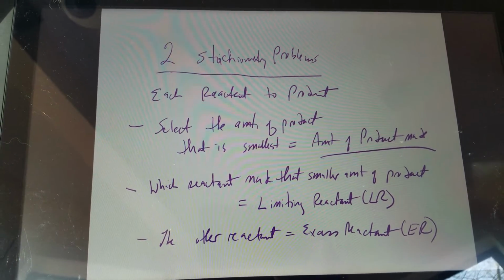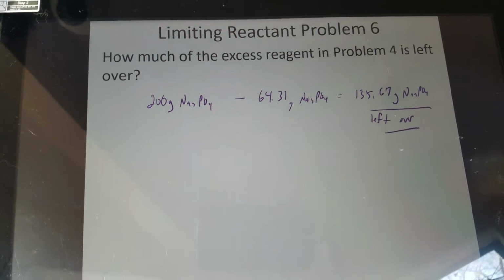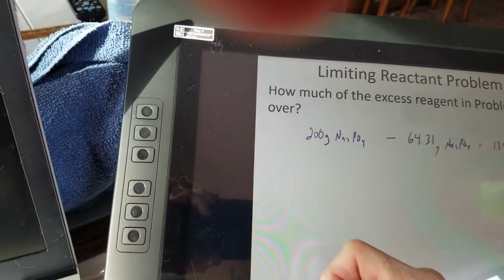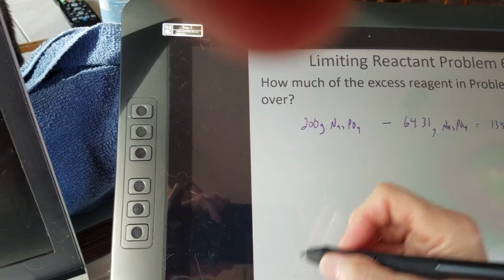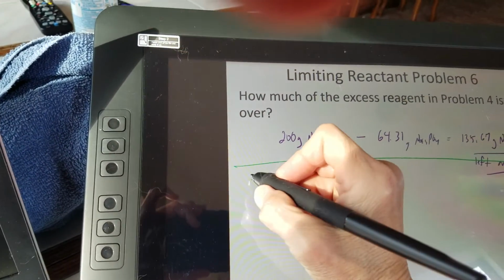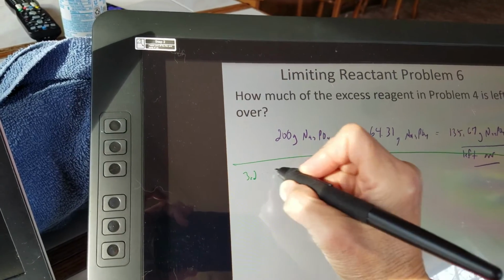So I'm going to back up a slide so I have some space to write. Okay, then you're going to do a 3rd stoichiometry problem.